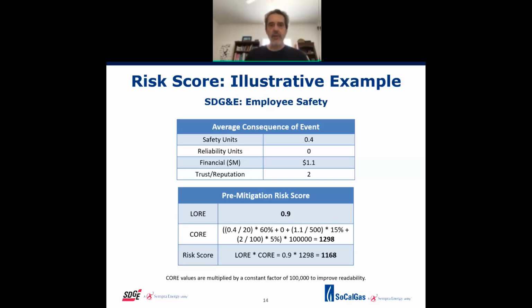One of the things that we see, and this is a concern I raised in the earlier SDG&E RAMP, is that capping the maximum scores below what is a foreseeable loss will suppress your averages.